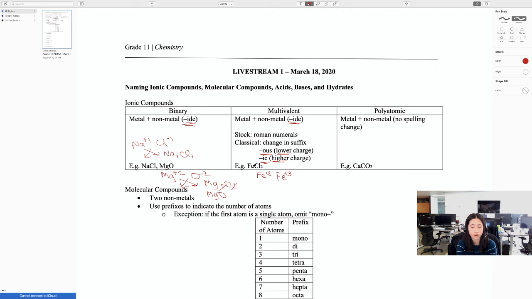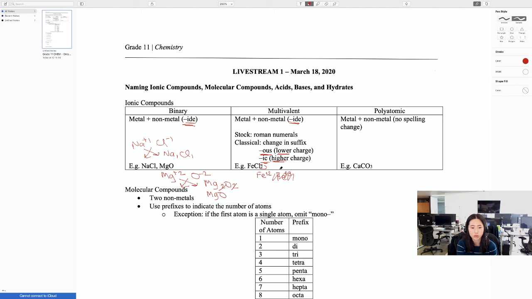So if you think about the crisscross method, right? Because the crisscross method applies for all ionic compounds, that means you know that iron in FeCl2 must carry a charge of +2, because when you crisscross, this subscript of chlorine belongs to iron, which is the charge of iron. Therefore, it's not really Fe +3, it should be Fe +2.